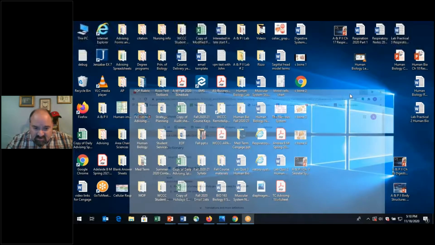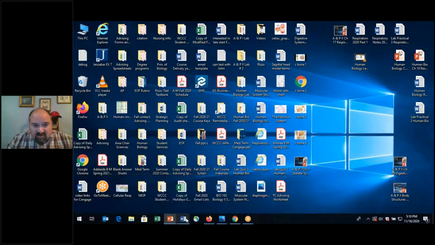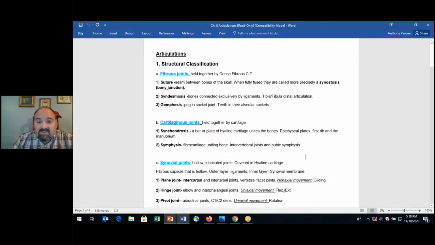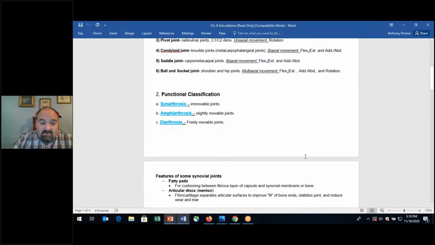I'm going to go to this slide, to the notes regarding articulations. This would be in chapter 8. Chapter 7 was the skeletal system in the textbook, and chapter 8 would be the articulations. Focus on this packet of four pages that I have given you.